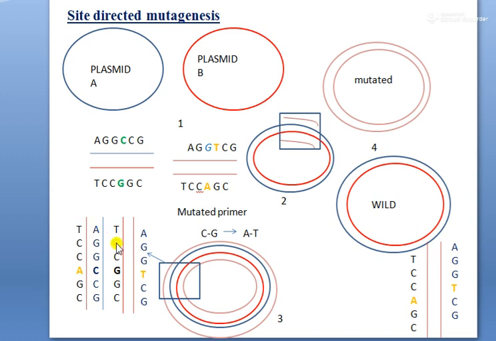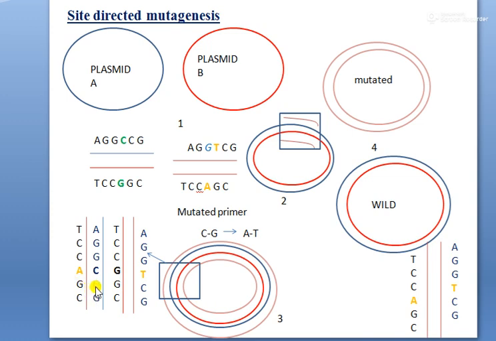When we see this side also, A with T, G with C, G with C. Here, in the position where C and G were present, that position we need to change, right? Look at this A position: this C position changes into A, and this G position changes into T by the primer, or with the help of the primer, right?